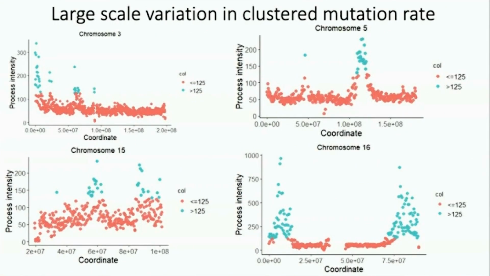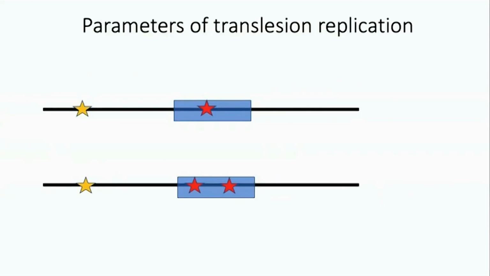And I will show the last piece of this work, actually the most recent one: surprisingly, you can measure the mutation rate, the infidelity, of this polymerase that introduced these mutations. How can you do this?